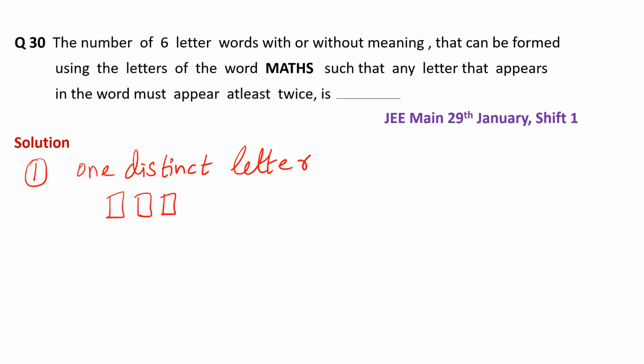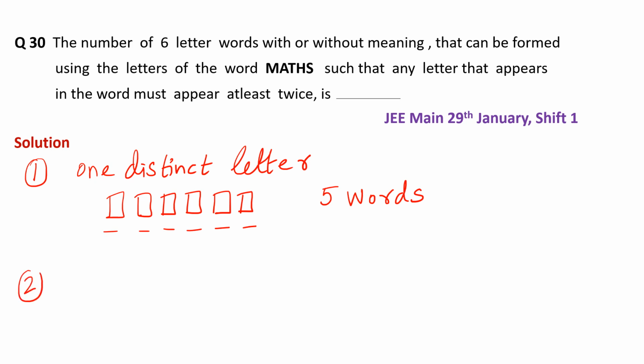Now since there are 5 letters in the word maths, so clearly 5 such words can be formed. Now suppose I have selected M, then I will be filling all the places of the word by the letter M. Similarly, if I have chosen A, then I will be filling all the places of the word by the letter A, and so on.